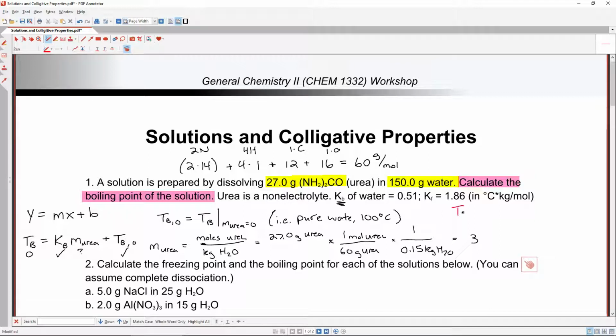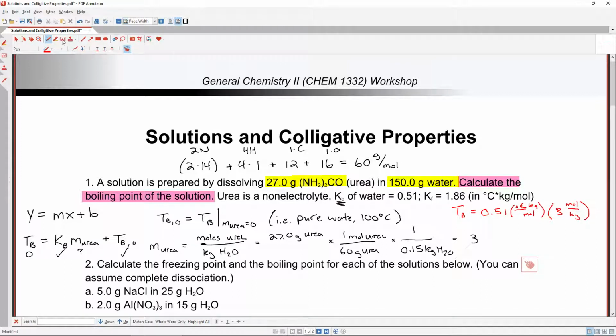Right, so your boiling point change is equal to Kb, which is 0.51 degrees Celsius kilograms per mole. We're going to multiply that by the molality, which is 3, in moles per kilogram.